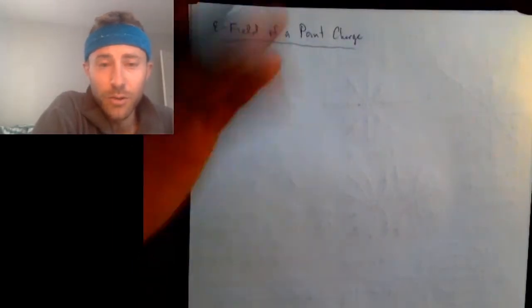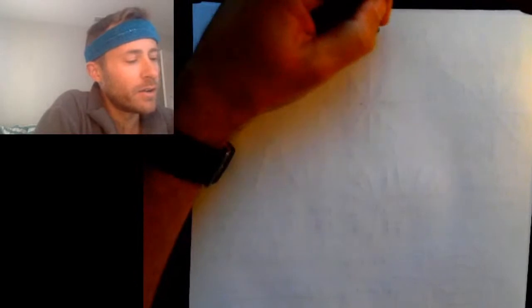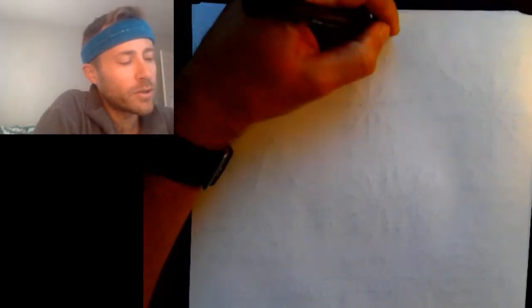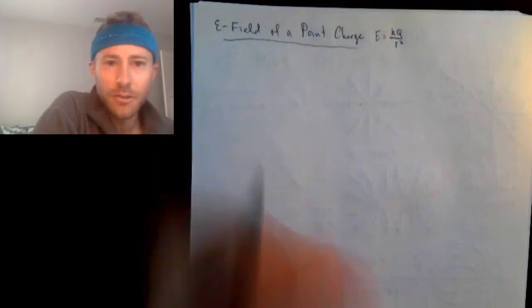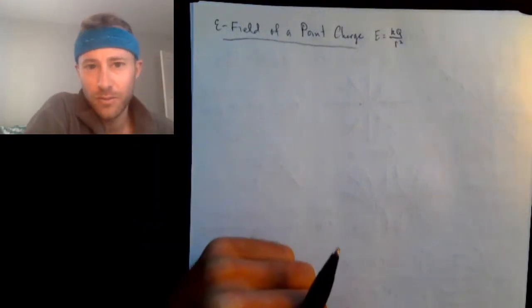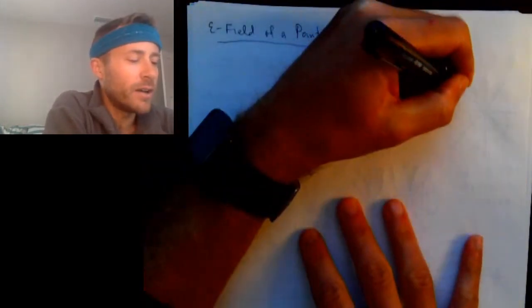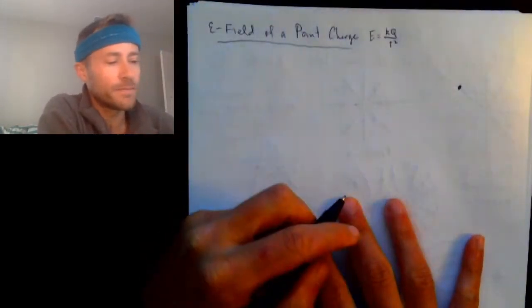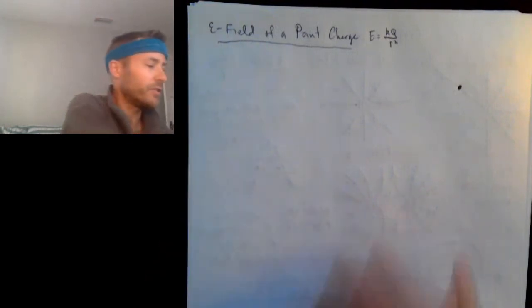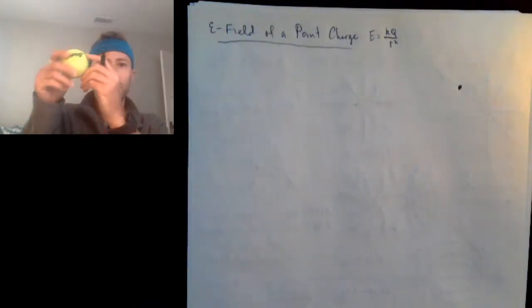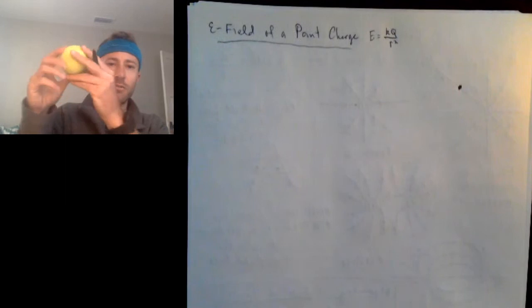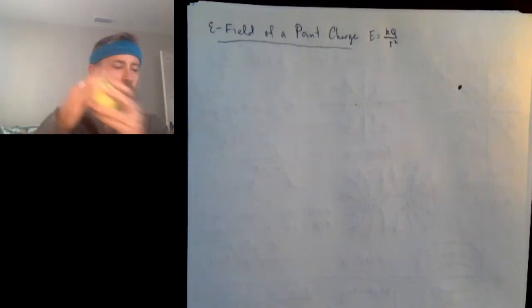That's Coulomb's law: the electric field from a point charge is kq over r squared. But Gauss's law actually allows us to derive this. So let's suppose we had a point charge. A point charge is kind of like a tennis ball. It has spherical symmetry. We can take the point charge and rotate it, and it's still a point charge.